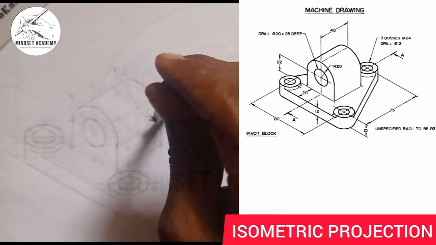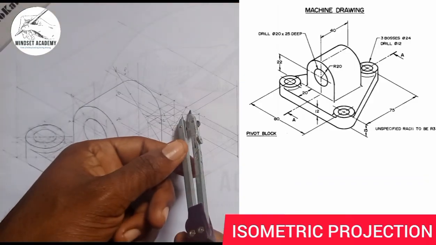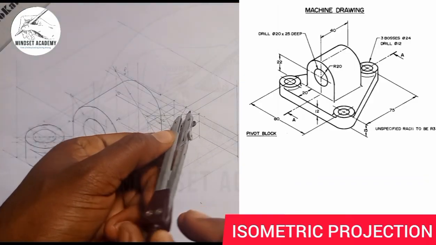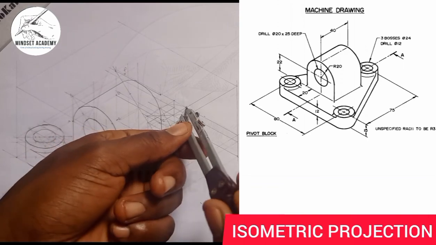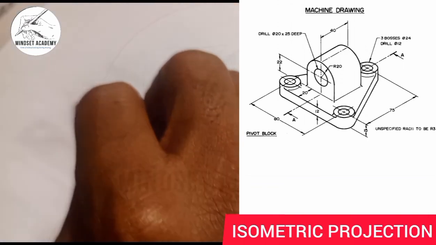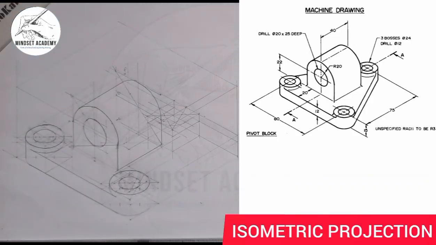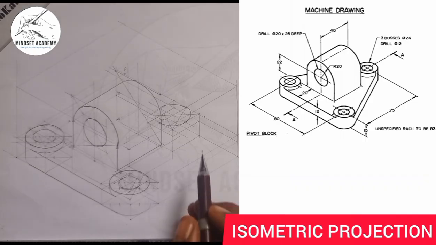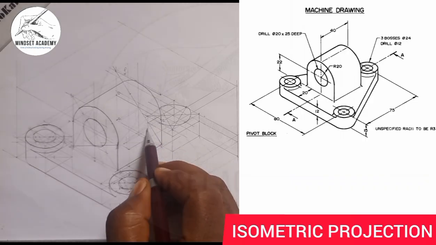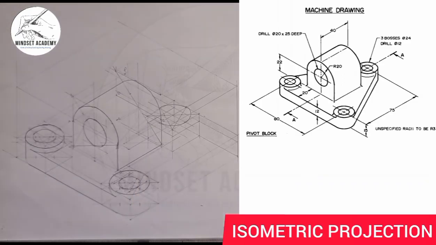Get these two. Then you come here to connect this. So I can easily bring that out this way. Then you join the diagonal from where this line meets with this here. You join it to this.